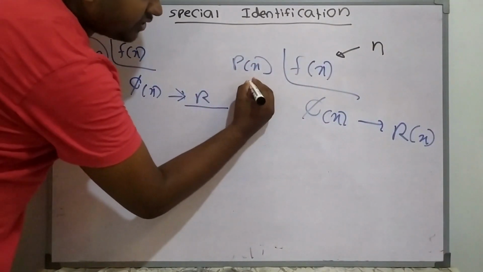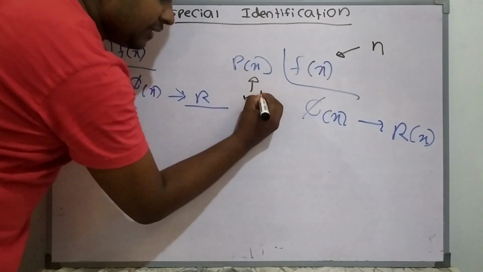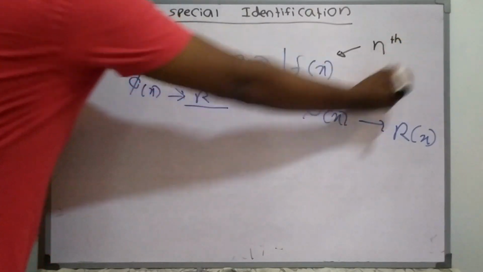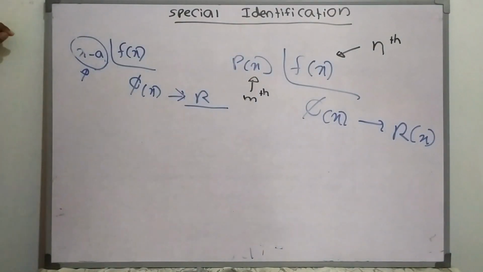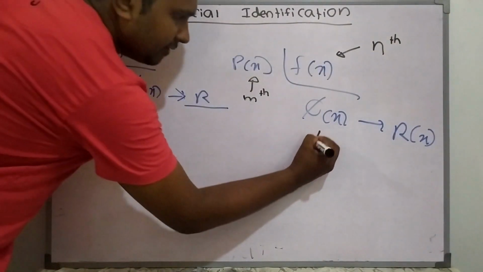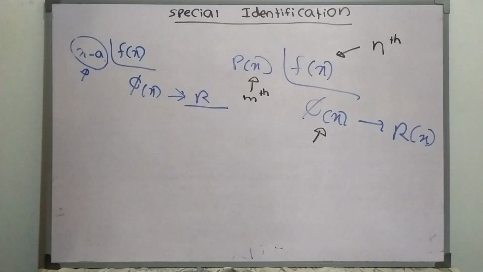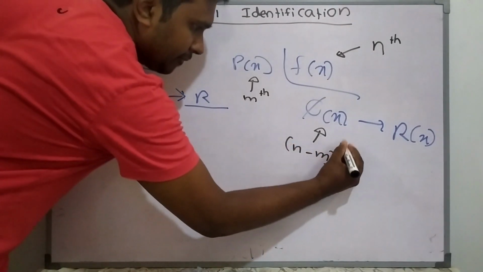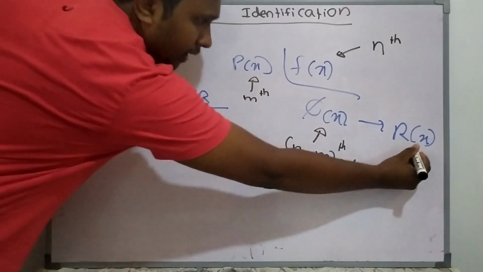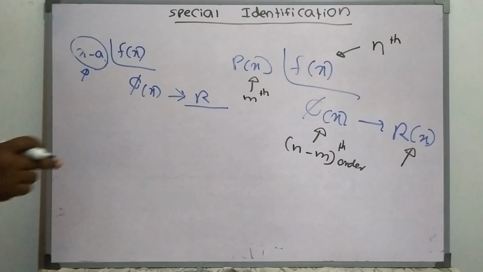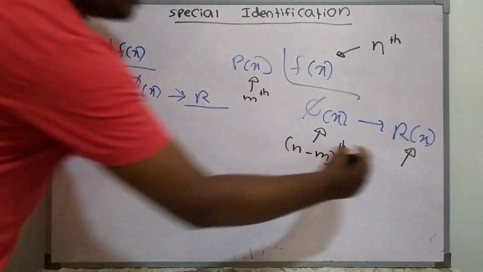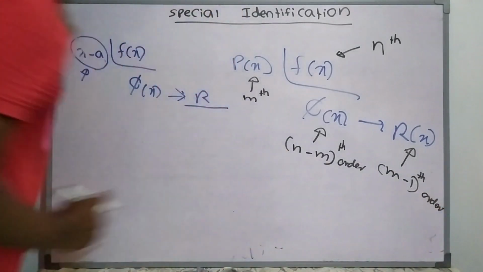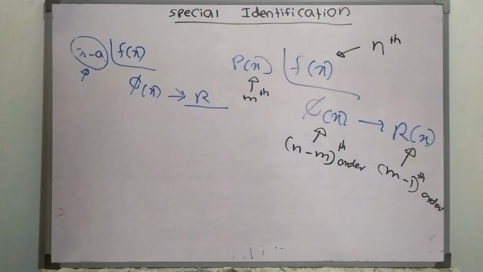And assume p(x) has order m. Then the quotient psi(x) is always of order n minus m, and r(x) is always of order m minus 1. So this is the special identification of the remainder theorem.